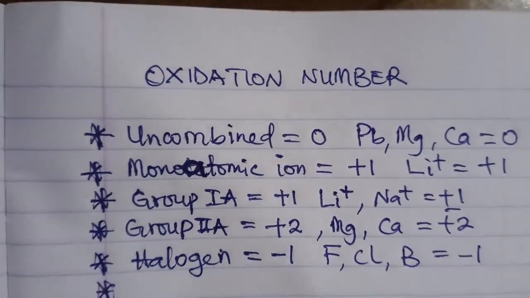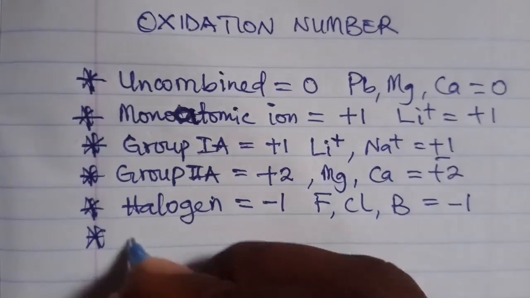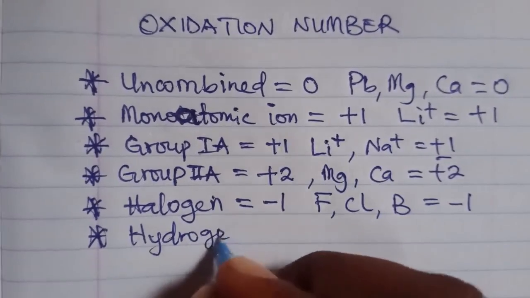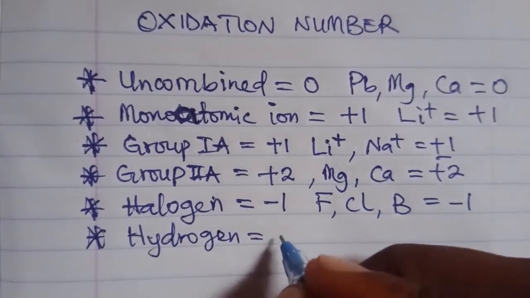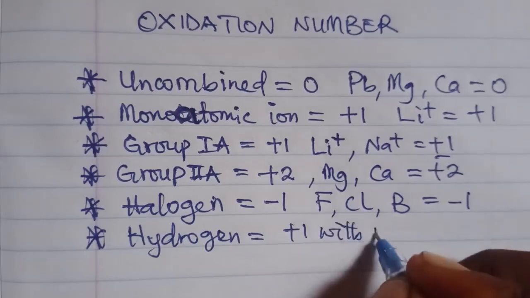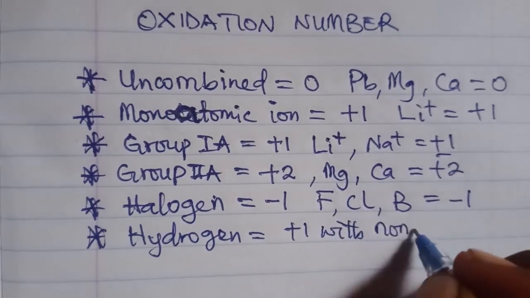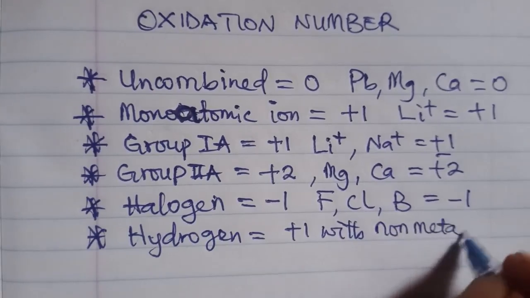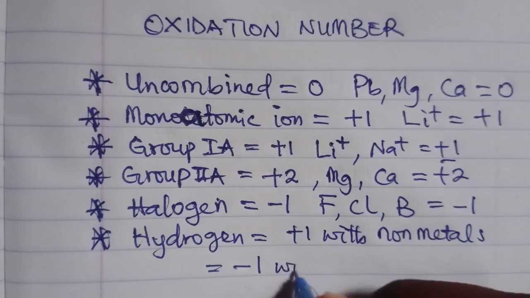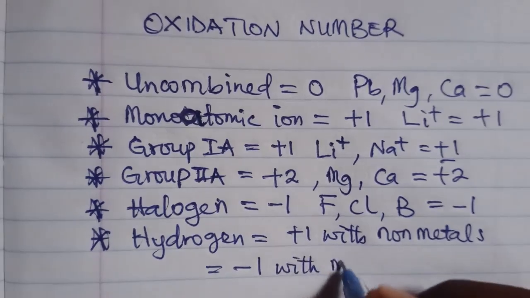And also for hydrogen, hydrogen is usually +1 when it combines with non-metals. Then it's usually -1 when it combines with metals.